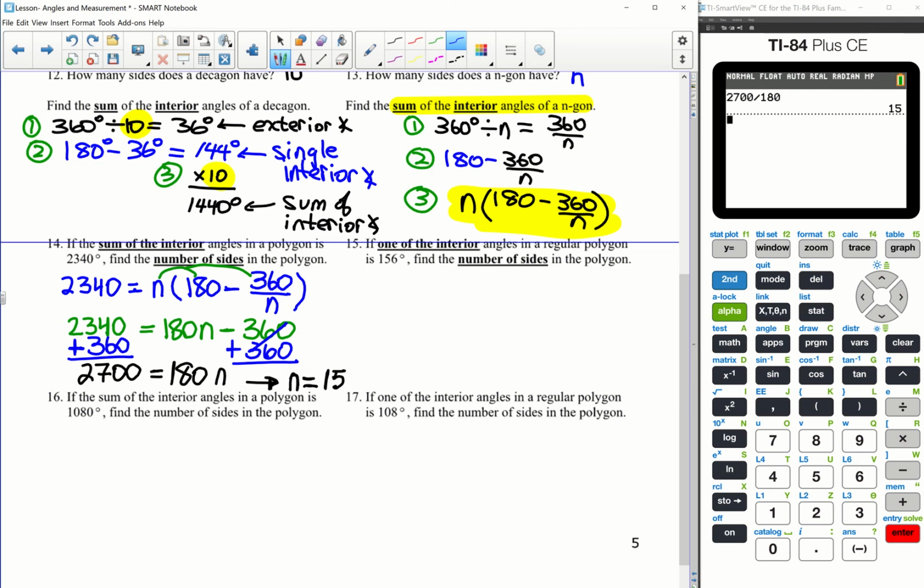All right, so this one, honestly, the formula is great, but I feel like the better approach to this situation would be to go back to scratch. If you know that the polygon has an interior angle, well, it would be obtuse, not that it really matters, an interior angle of 156 degrees.